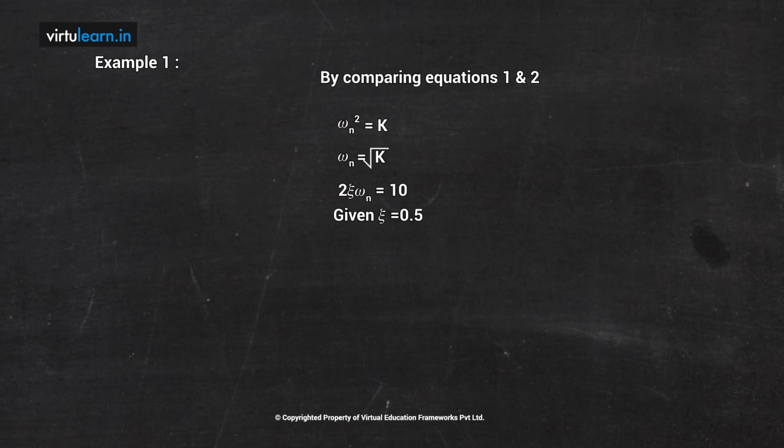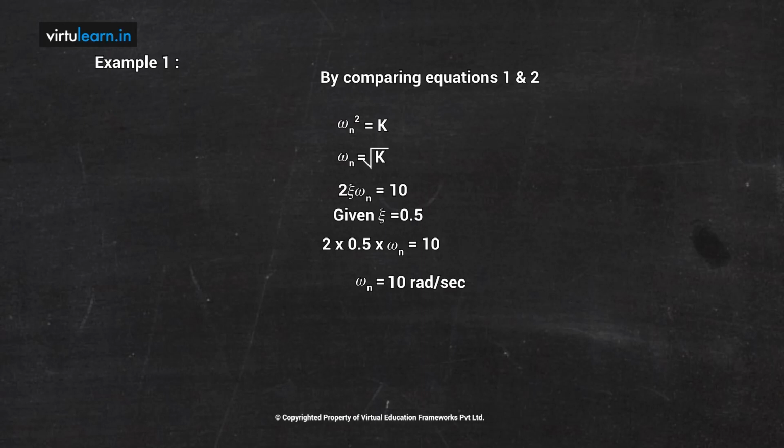Next we compare the second term, that is 2 zeta omega n s equal to 10s, so 2 zeta omega n is equal to 10. Zeta is given to us. For the given zeta we need to find the K value. Therefore zeta is 0.5, and substituting it here, the omega n value gives us 10.